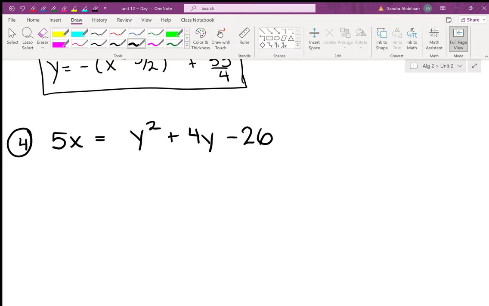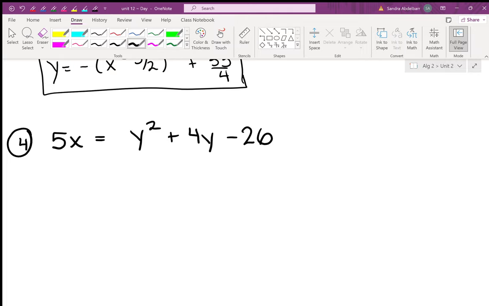Isn't it usually y equals some x quantity squared plus blah, blah, blah? X's and y's are switched. What does that mean? This does not represent a parabola. It represents its inverse. What does an inverse parabola look like? A parabola on its side. Very good. It's still a parabola, but it's a parabola on its side. Okay, it is the inverse.